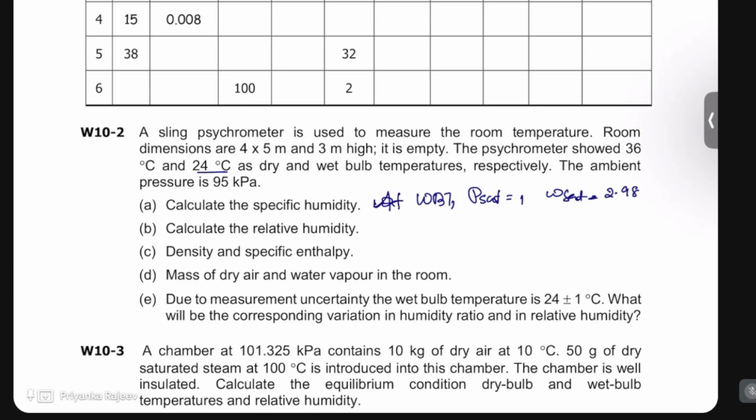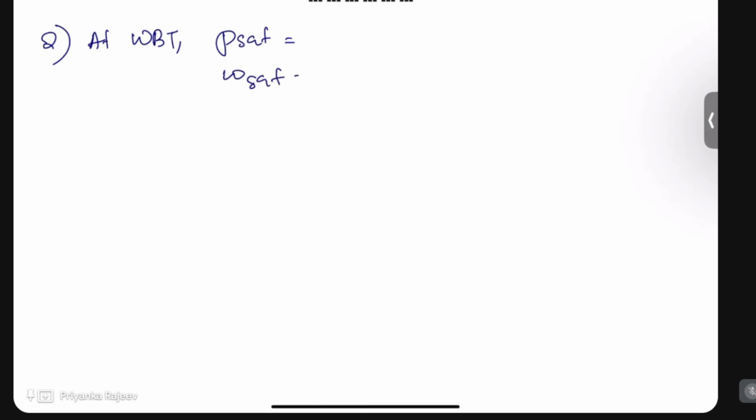So that is the PSAT. Then WSAT equals 0.622 times PSAT divided by P minus PSAT.